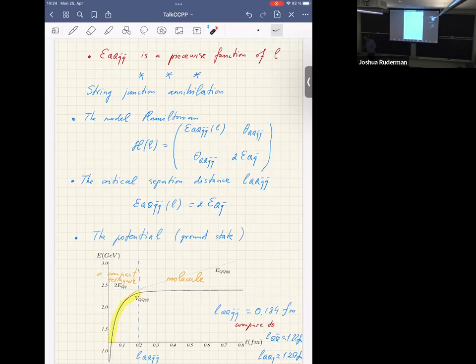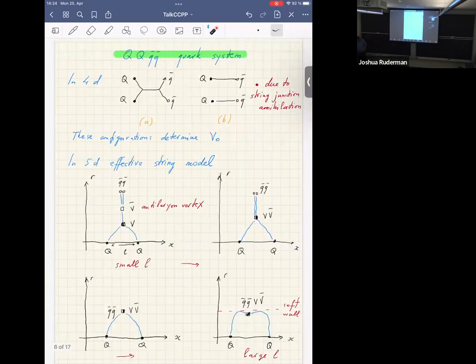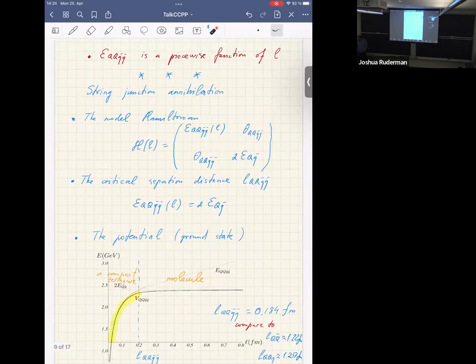It's most clear here. This one annihilates with that, so it gives only one possibility. And the surprise is that the scale is a factor of 5, 6 smaller than the scale for string breaking. String breaking is 1.22, but this one is only 0.2 Fermi.